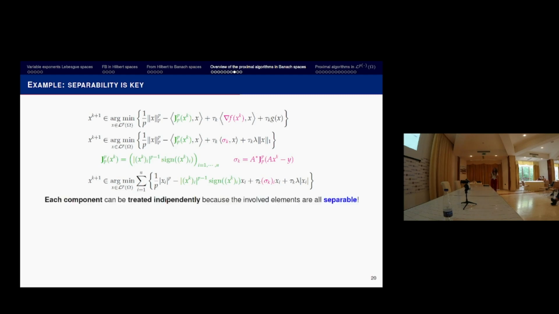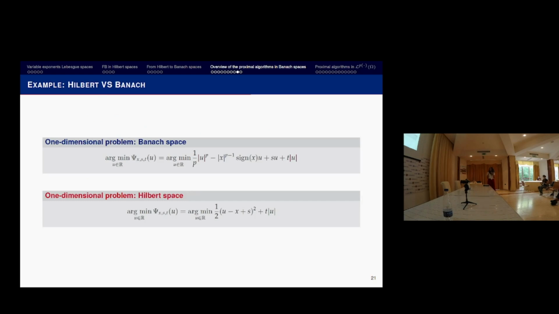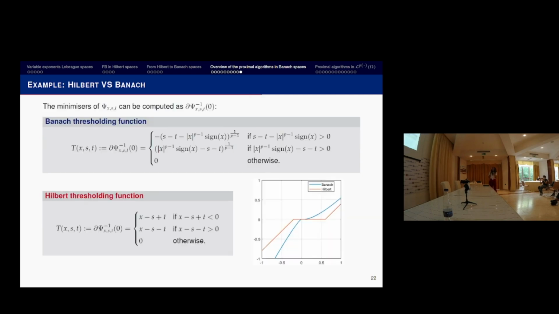And so we can treat each component independently from the others and define a one-dimensional function that you can read here and solve a one-dimensional optimization problem. Let's see a comparison between the Banach space one-dimensional problem and the Hilbert space one-dimensional problem and their solutions. So these are the thresholding functions that we obtain as solution of the one-dimensional problem that was in the slide before.